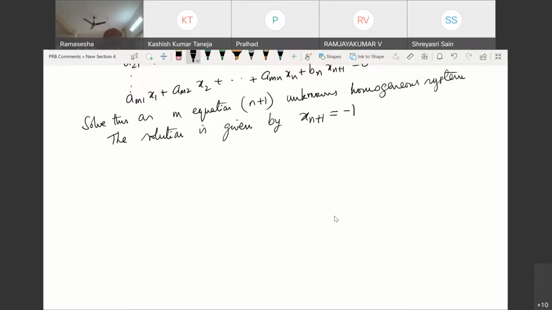Let me write the above system as Bx equal to 0. The new system can be written as Bx, B being an m by n plus 1 matrix with n plus 1 unknowns.